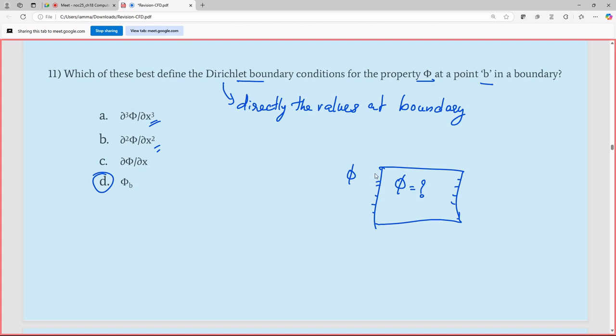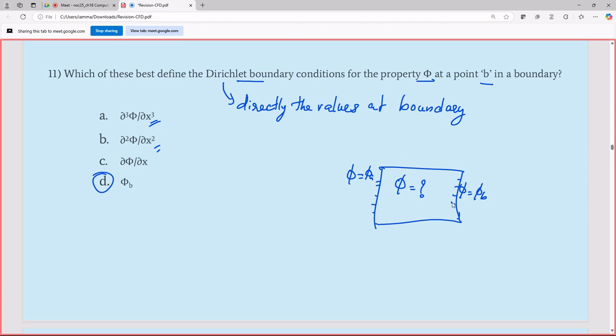If we are giving phi equal to some value, phi of a at this boundary, and phi equal to phi of b at this particular boundary.